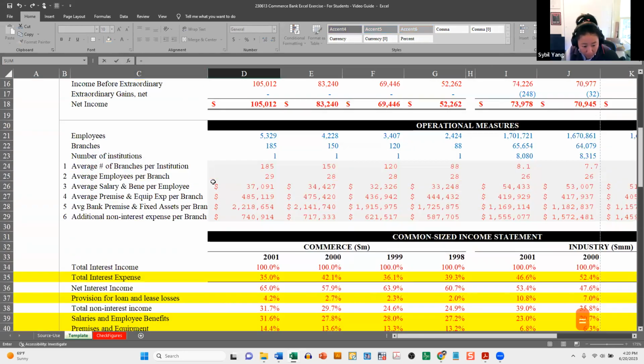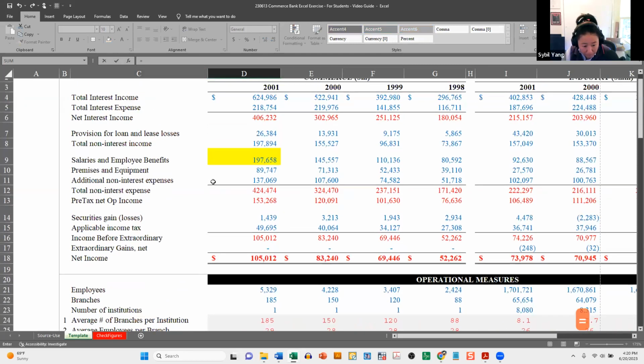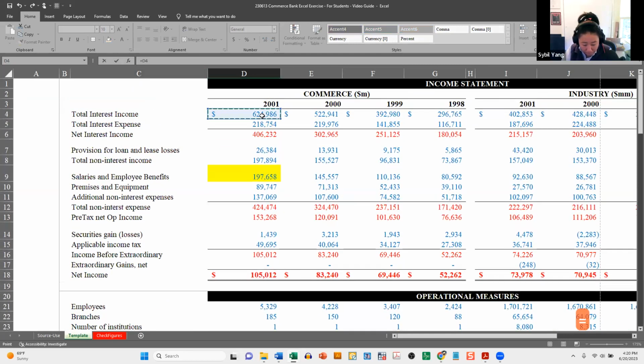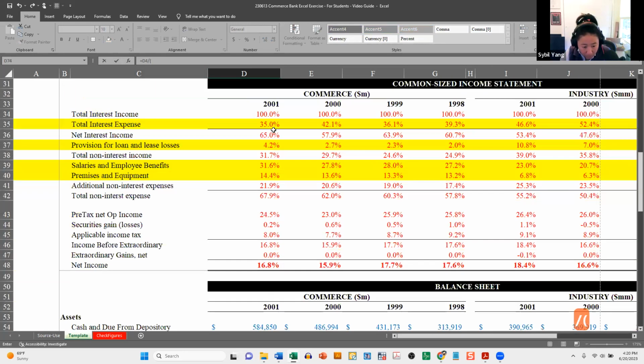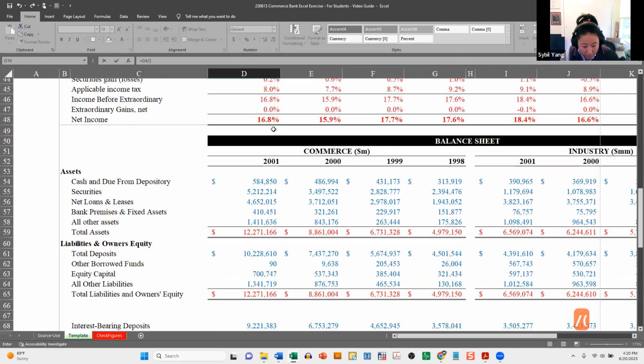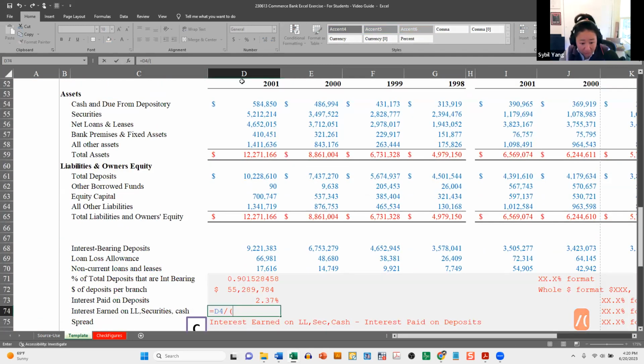Total interest income divided by the stuff that I'm supposedly earning interest off of, right?